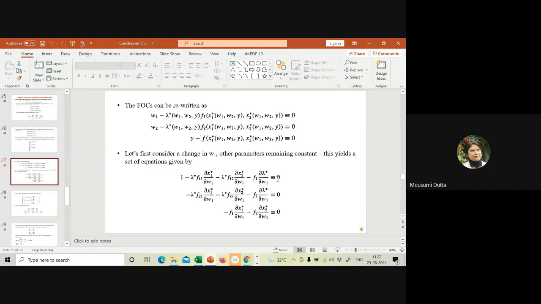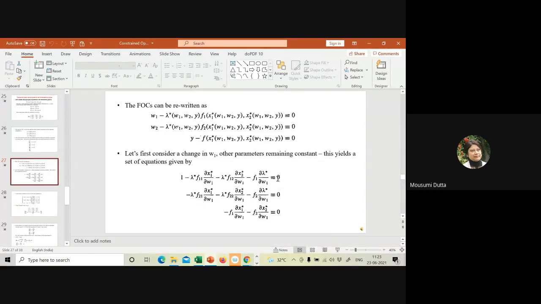Once you do this, please take the derivative of all these three equations with respect to W1. Please do it on your own and check it from the slide. Once you write these equations, please take derivative with respect to W1.